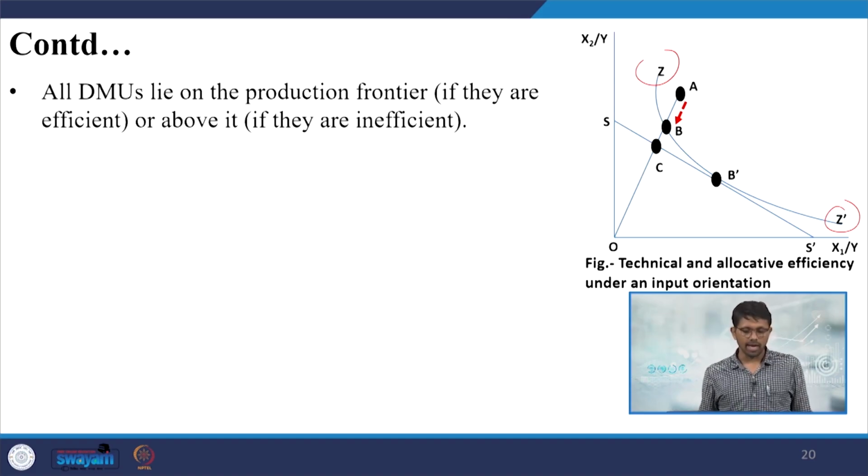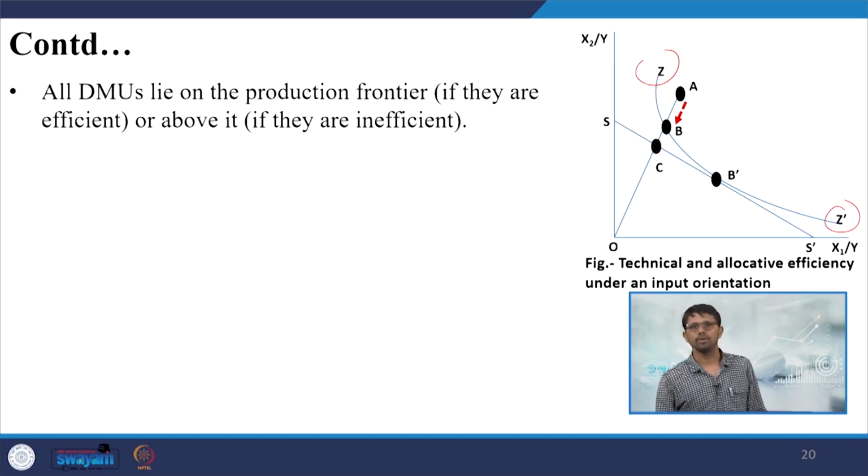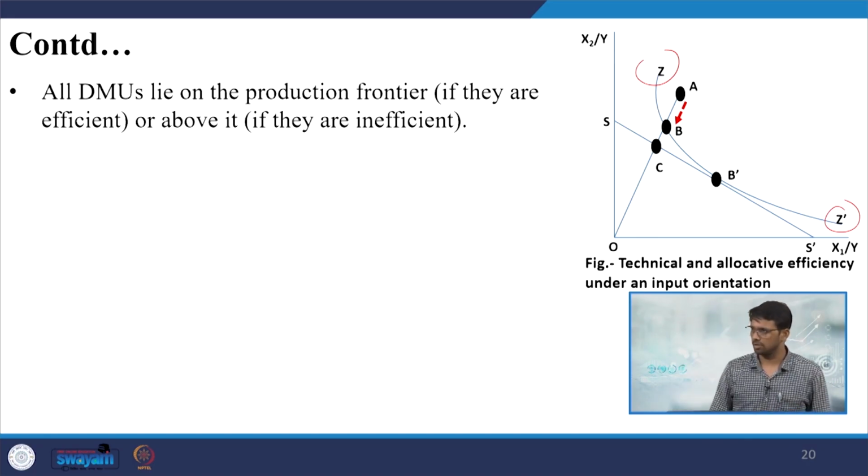All DMUs lie on the production frontier if they are efficient, or above it if they are inefficient. If an even higher cost is required to produce, then of course that is not considered efficient. We will emphasize technical as well as allocative efficiency one by one.